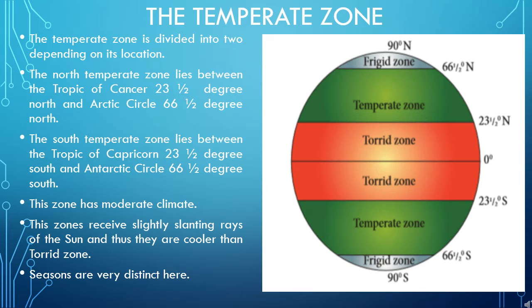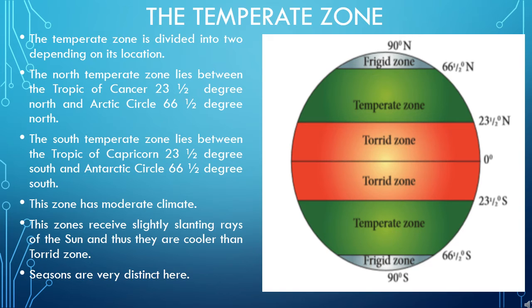Because the sun is at its place, you can imagine that at 0 degree the earth gets direct rays of the sun, and so places near to 0 degree, near to the equator, get direct rays, so it is red in color, whereas a little above the latitude, the zone receives slightly slanting rays of the sun, which means that those places are not as hot as the torrid zone.